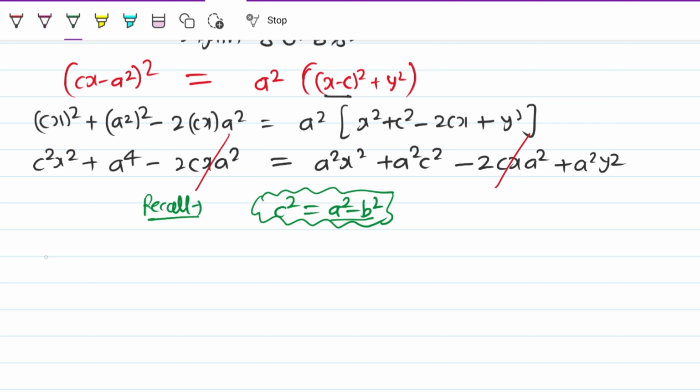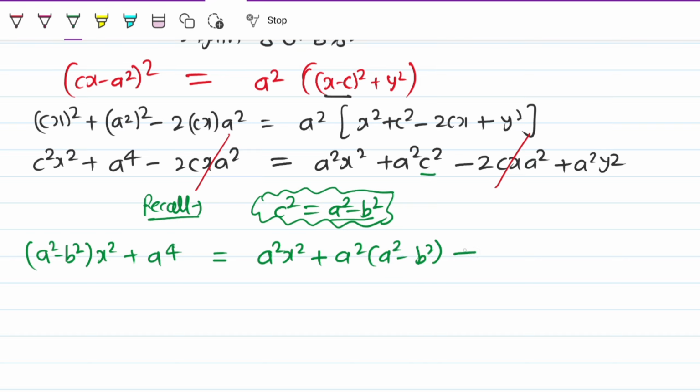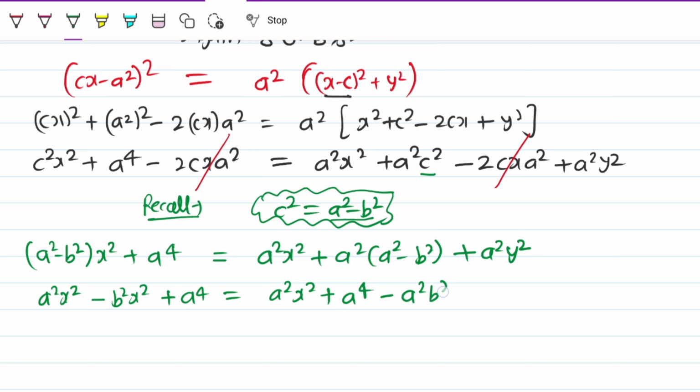So here it means c square value is a square minus b square. So put here. So c square means a square minus b square, x square plus a power 4 equals to a square x square plus a square, and c square means a square minus b square, plus a square y square. Multiply: a square x square minus b square x square plus a power 4, and it is a square x square plus a square into a power 4 minus a square b square plus a square y square.